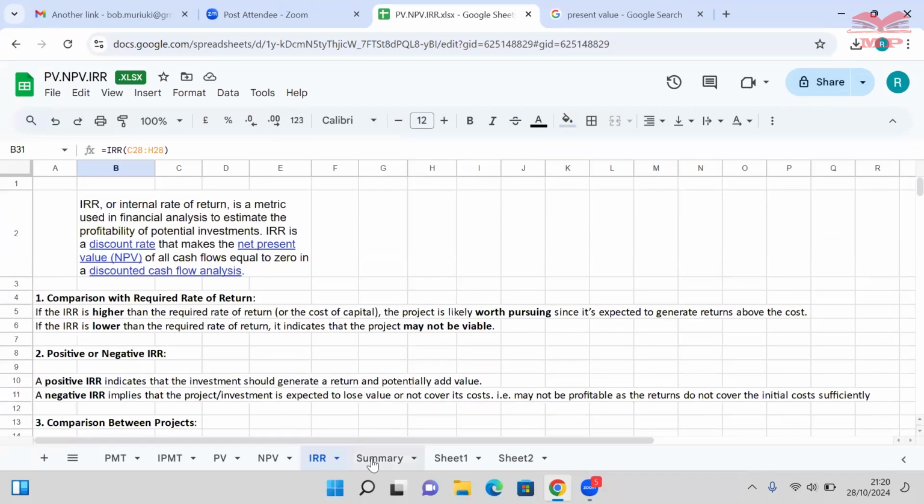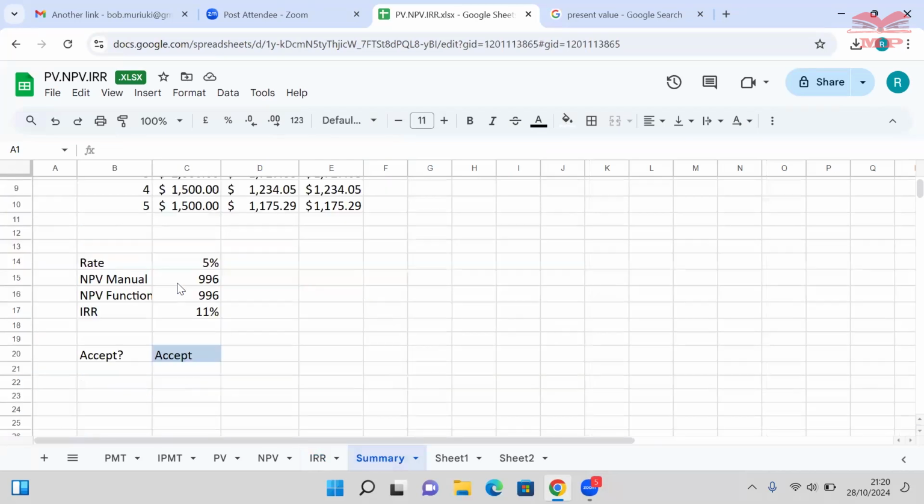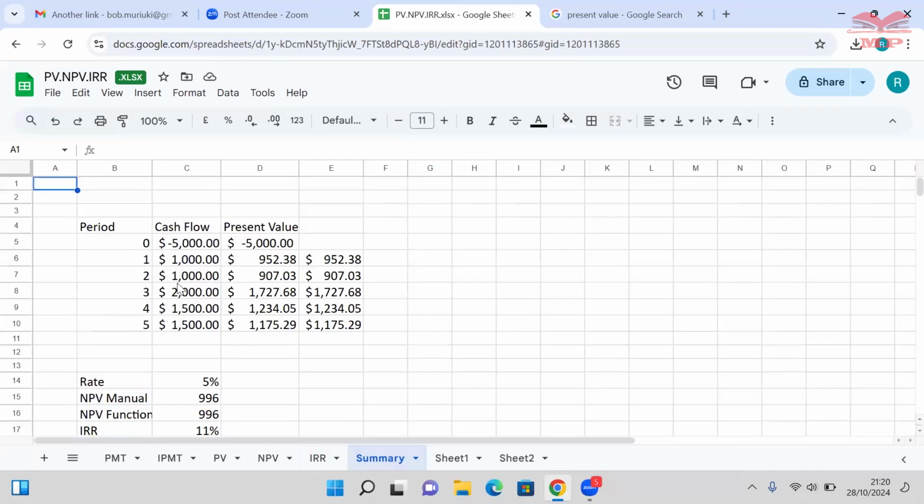Okay, so what I have gone ahead and done here is a bit of a summary. Similar thing: for present value here, I used a bit of a manual formula, or I can use the PV. If you look at these numbers, they are the same. The manual formula is a bit more complicated, so I will not go into that, but let's look at this.